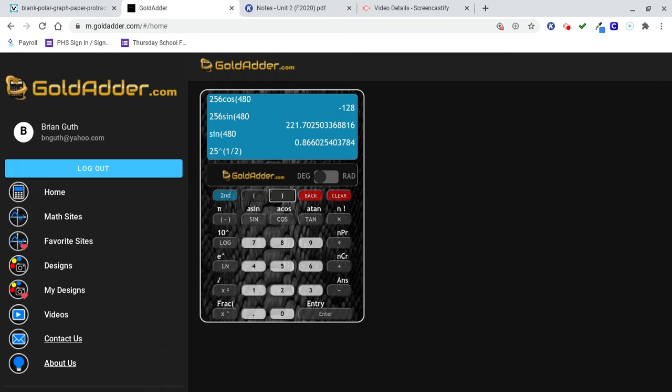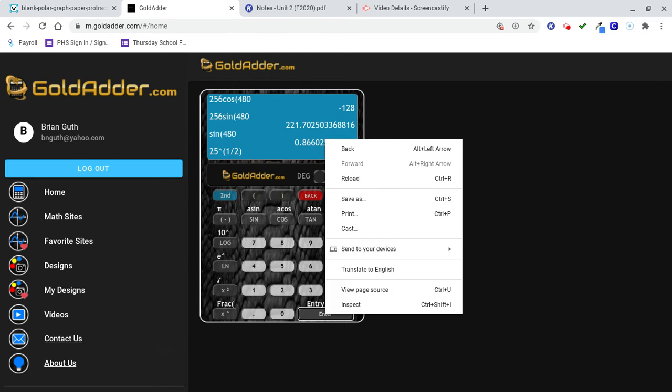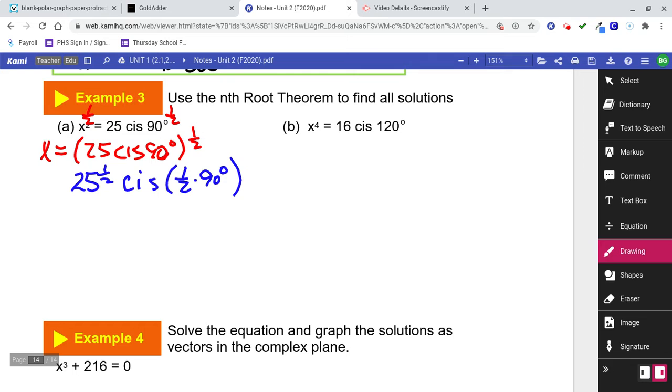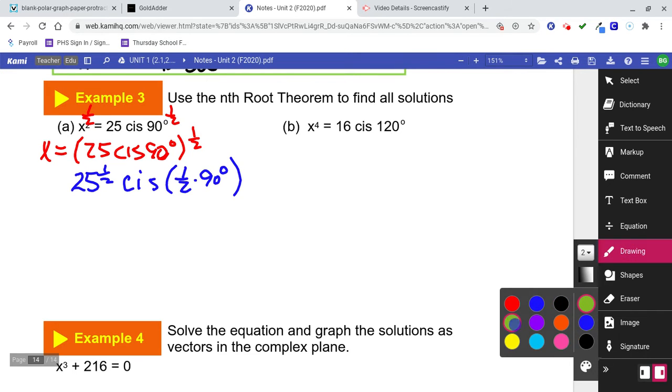All right, so 25 to the 1/2 power is 5, and of course it is, because that's the square root. All we're doing is taking the square root, but that's 5. And then 1/2 of 90 is 45 degrees. Okay, so that's the first solution.